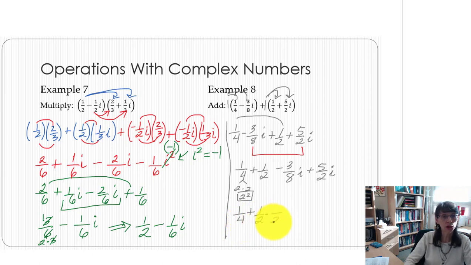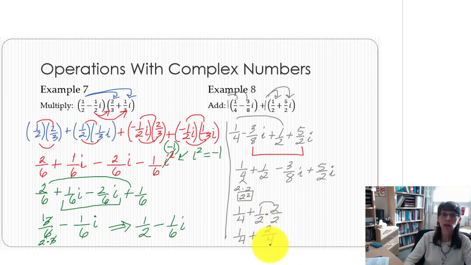How could we make 2 multiply by something to make 4? So 2 times 2 would make 4. So if I'm building up the denominator by a factor of 2, I also need to build up the numerator by a factor of 2. So I have 1/4 plus 1 times 2, which is 2. Denominator, 2 times 2 is 4.